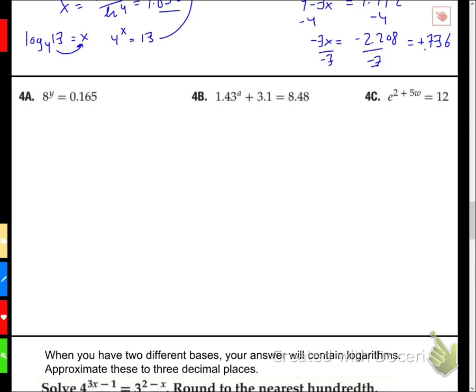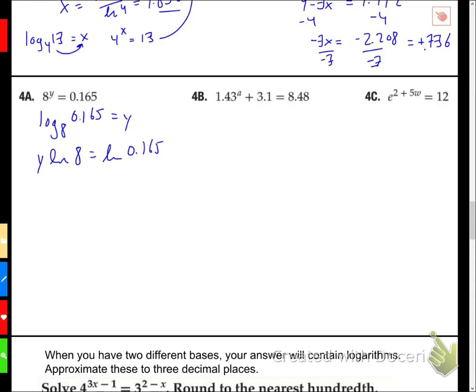Okay, so here's a real straightforward one. 8 to the y equals some decimal. Basically, we're saying what power do we raise 8 to get that decimal? That is literally log base 8 of that decimal. These are the same equation. The solution, of course, is going to be y ln of 8 equals ln of 0.165.